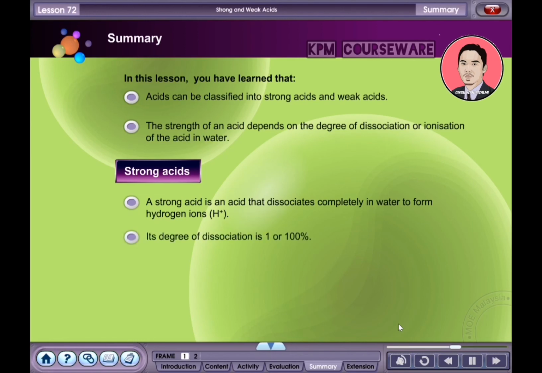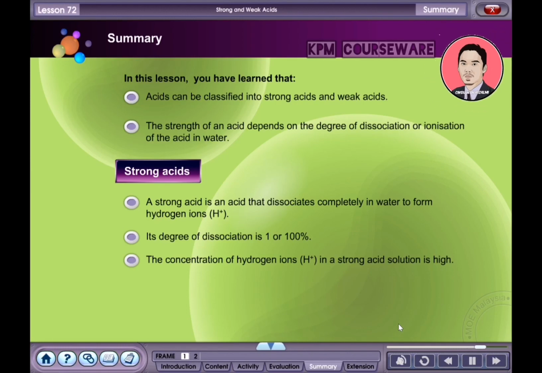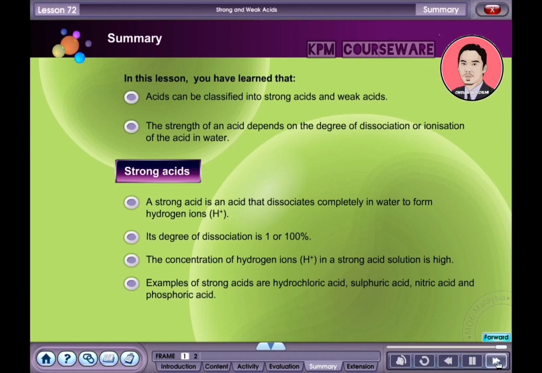Its degree of dissociation or ionization is 1 or 100%. The concentration of hydrogen ions in a strong acid solution is high. Examples of strong acids are hydrochloric acid, sulfuric acid, nitric acid, and phosphoric acid.